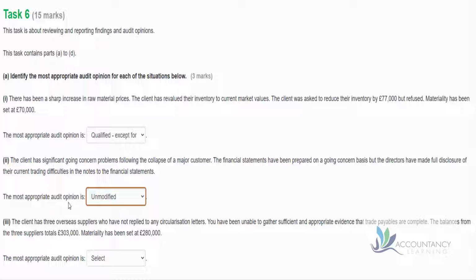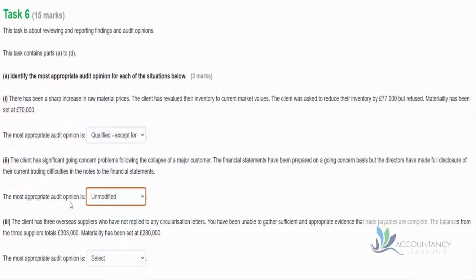We want to make sure that the readers of the financial statements have a look at this disclosure about going concern because it's fundamental to understanding their financial statements. So yes, we'd have an unmodified opinion, but the audit report as a whole would have this extra paragraph to emphasize the problem.